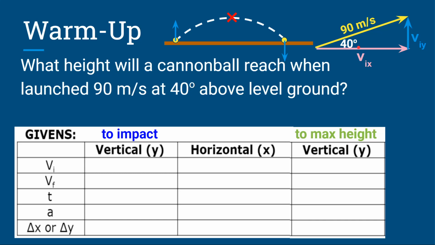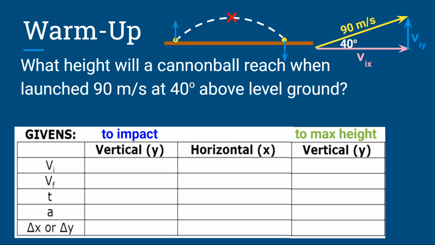And I have my 90 meters per second here as that hypotenuse at that angle. But I'm looking for the X and Y components because if I'm trying to label all of my given information, I'm not going to write 90 meters per second anywhere in my table, because that 90 meters per second isn't horizontal and it's not vertical either. We have to find the components.